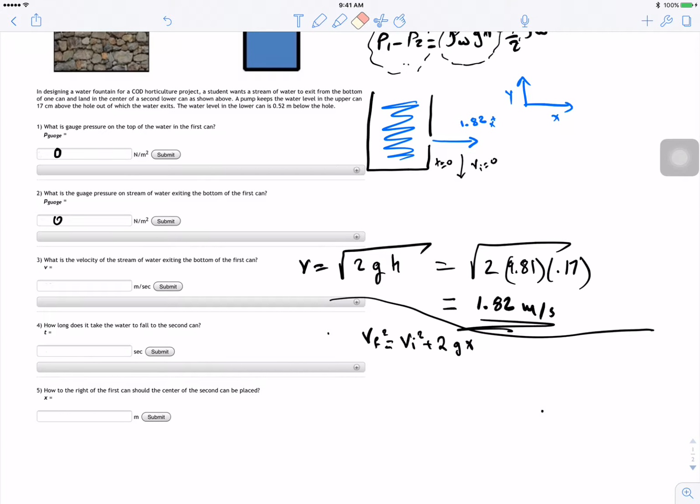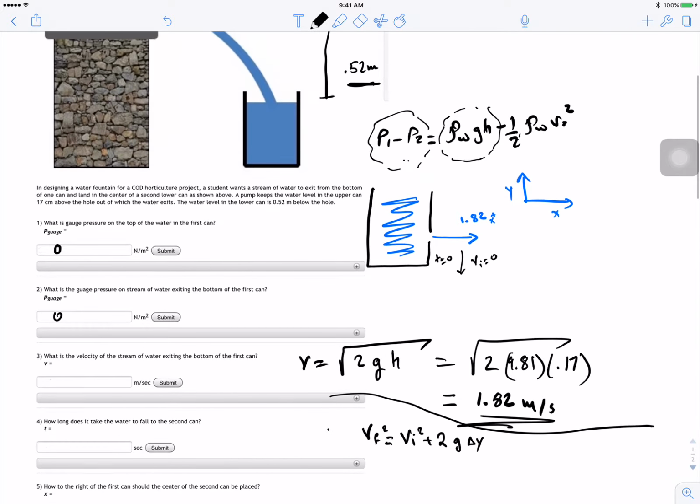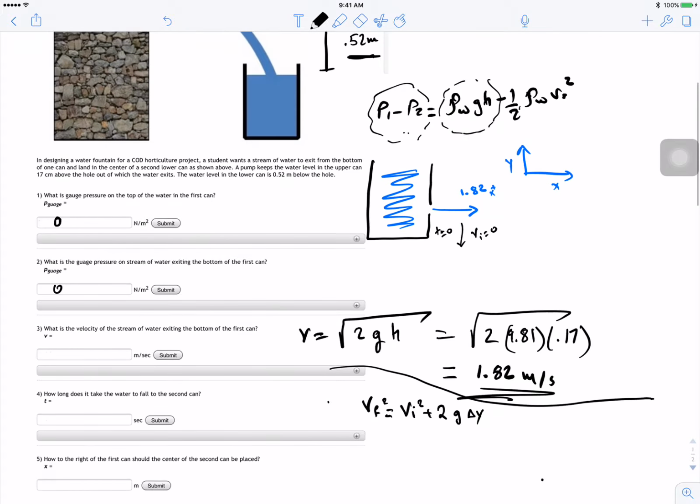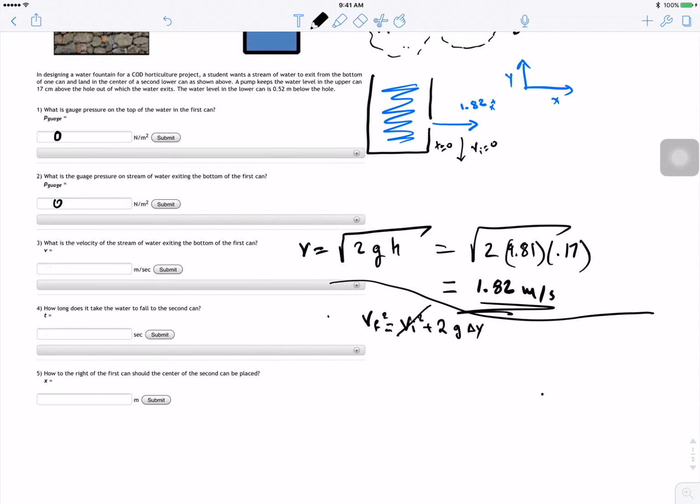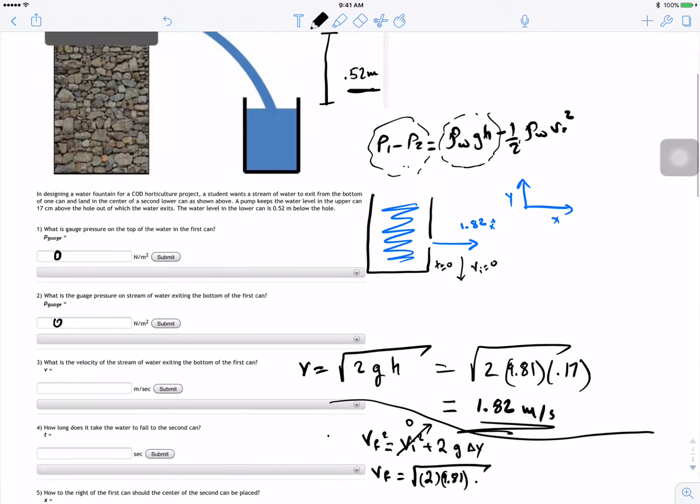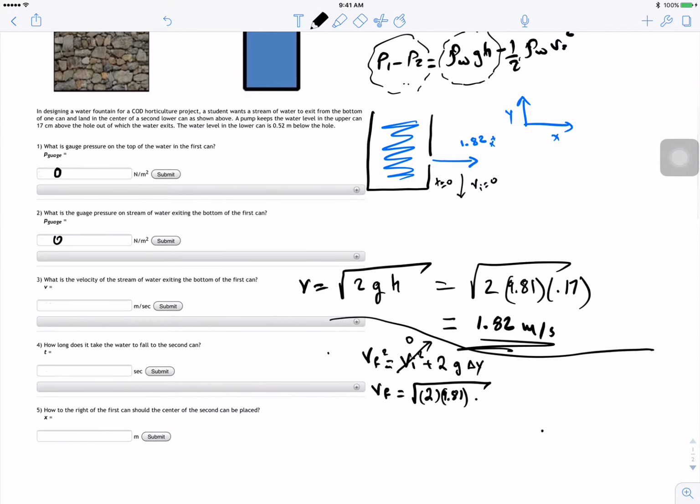Let's call it y actually, so it doesn't confuse people. So we know delta y is just 0.52 meters, and we know that v initial is equal to 0. So v final is equal to the square root of 2 times 9.81 times delta y, which is 0.52.